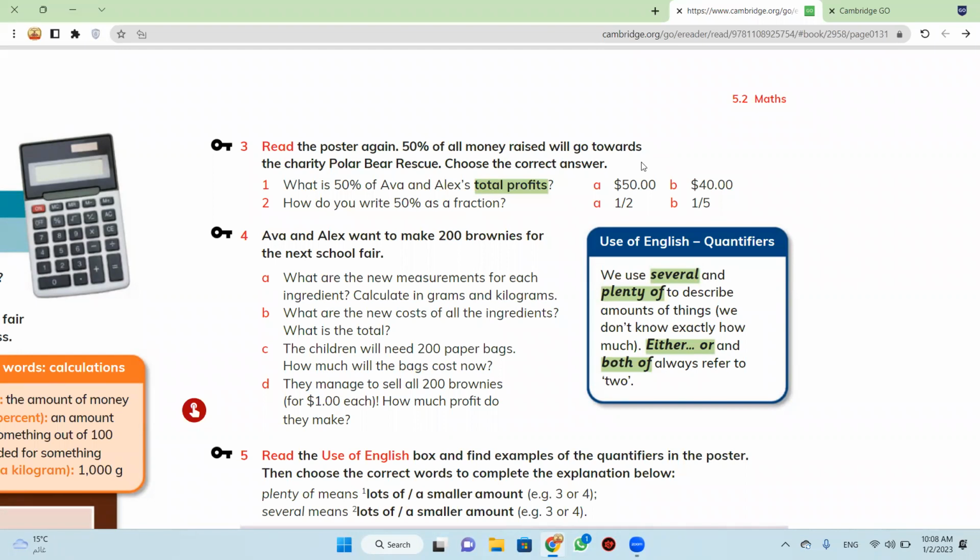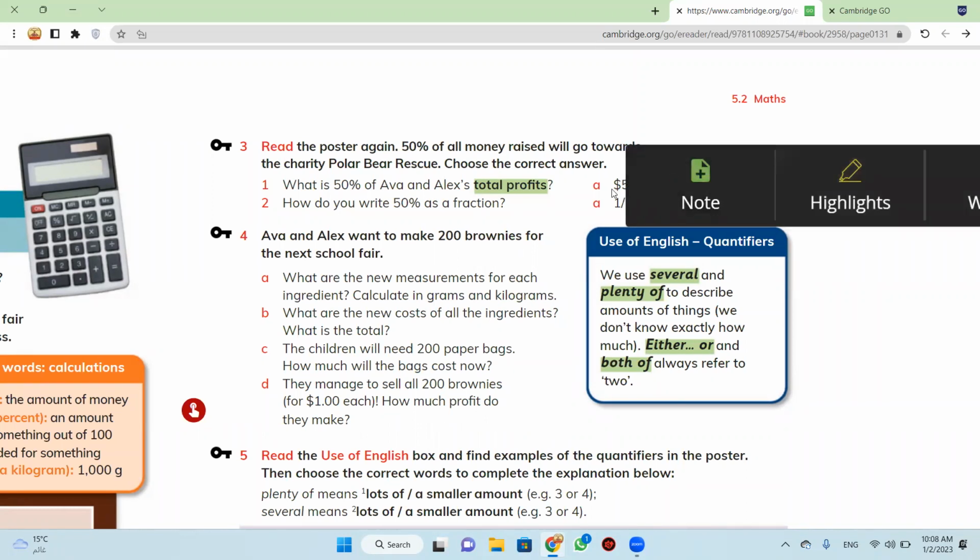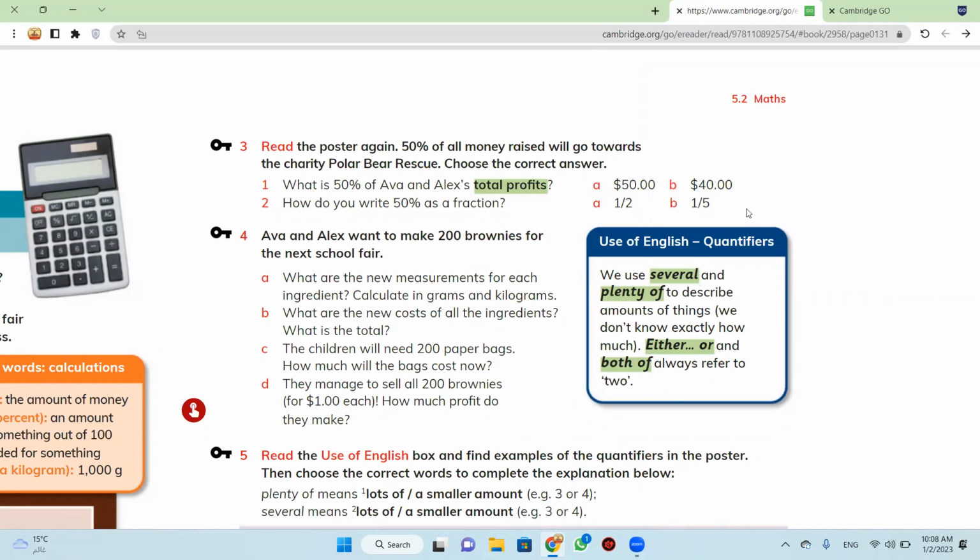Do you remember how much the total profit was? It's $80. Okay, and 50% of $80 is how much? 40. So is it A or B? B. Okay, good. Make sure to underline B, guys. $40.